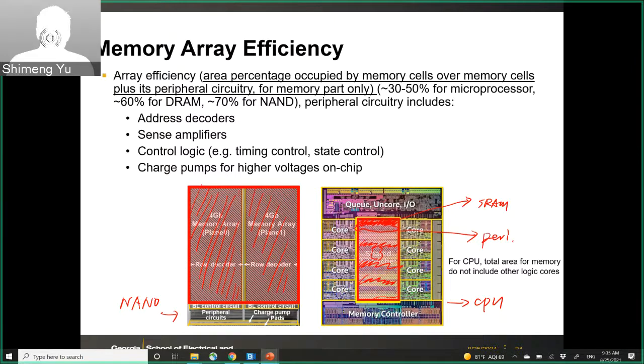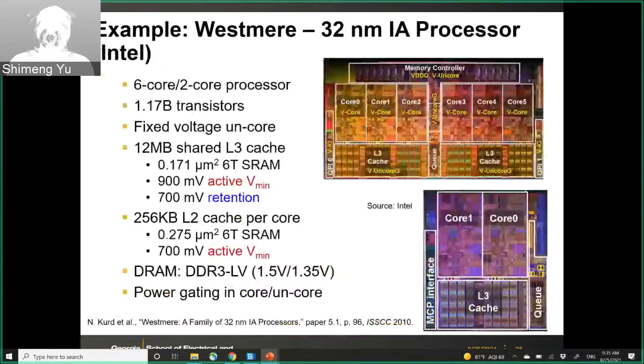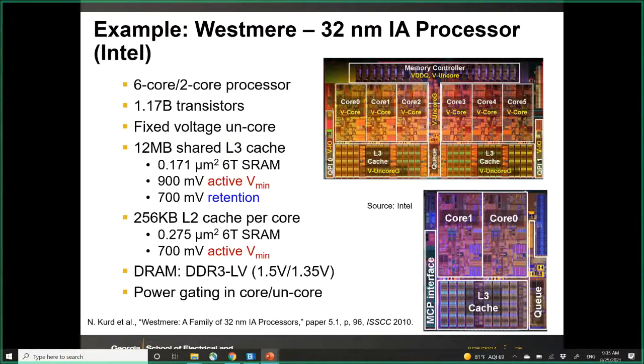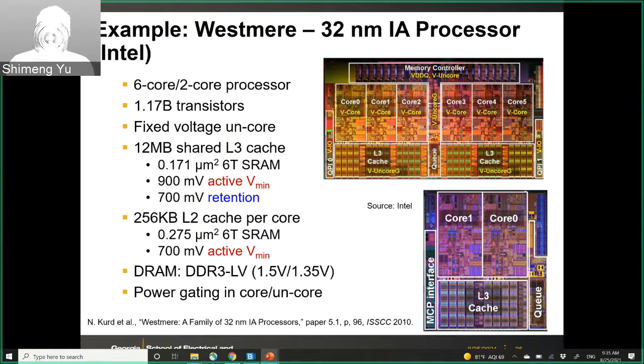All right, so then let's start our discussions today. We will see a few examples, real chip examples, to see where the memories are located on the chip. This is an example from Intel.